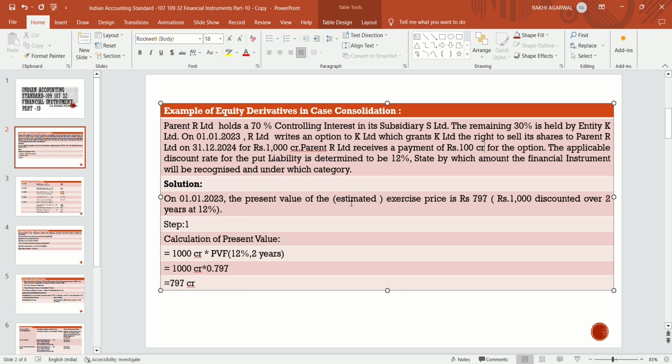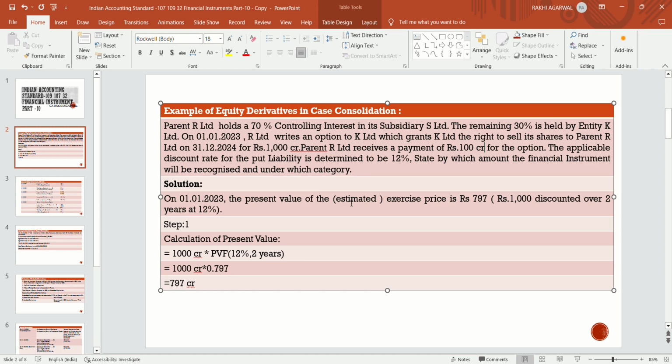So, an example of a derivative in case of consolidation: suppose the parent, R Limited, holds a 70% controlling interest in its subsidiary S Limited. The remaining 30% is held by entity K Limited. So in this case, R Limited is the parent company, S Limited is the subsidiary company, and K Limited is the other entity which holds a 30% stake in S Limited, while R Limited holds a 70% stake.